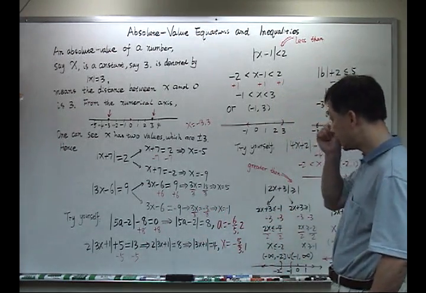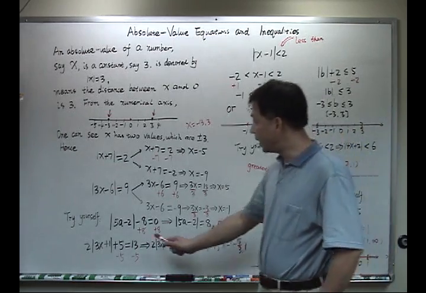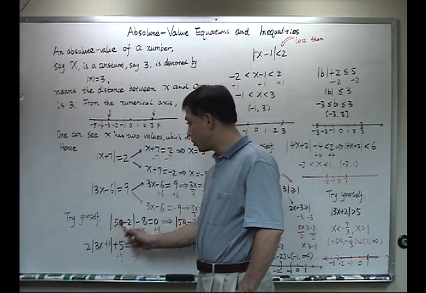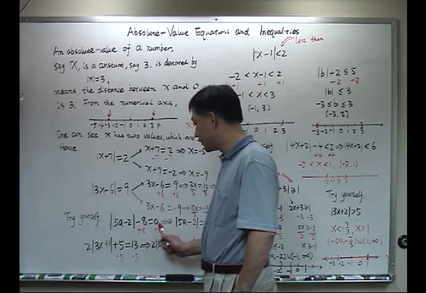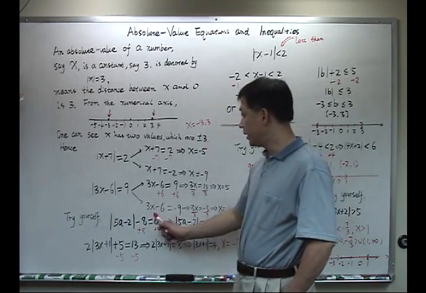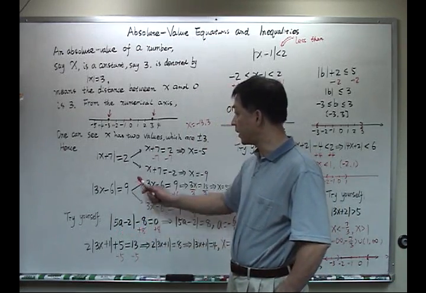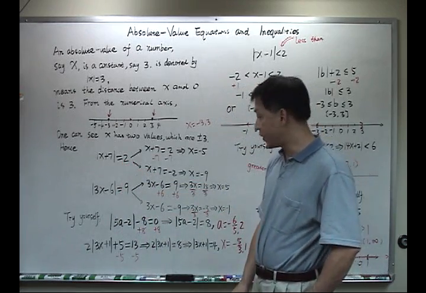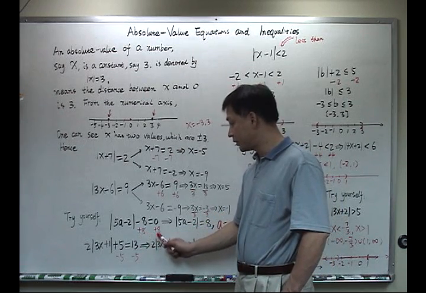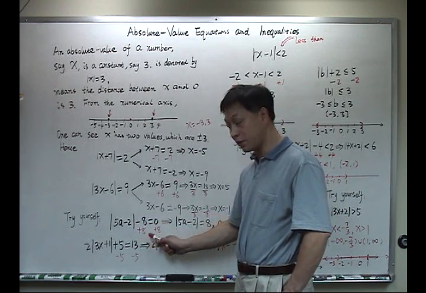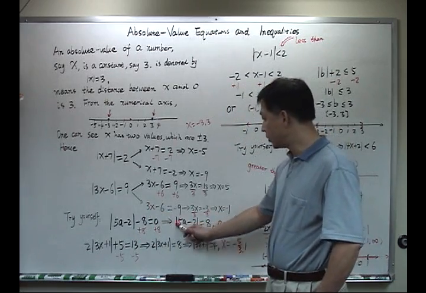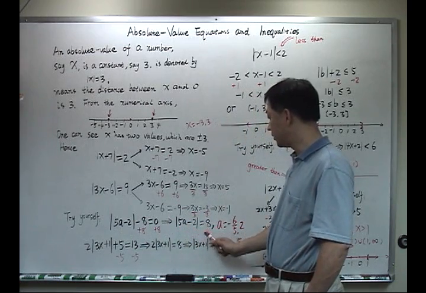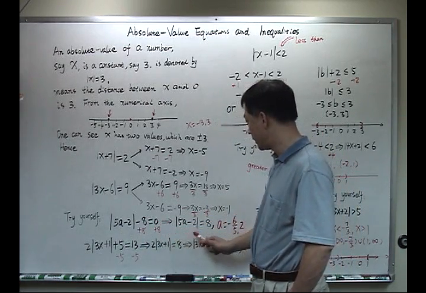Okay, now try yourself. Look at this one: absolute value of 5a minus 2, minus 8 equals 0. This one is slightly different from the ones above. What you want to do is add 8 on both sides, so negative and positive 8 cancel. Then the absolute value of 5a minus 2 is positive 8, because 0 plus 8 is 8.